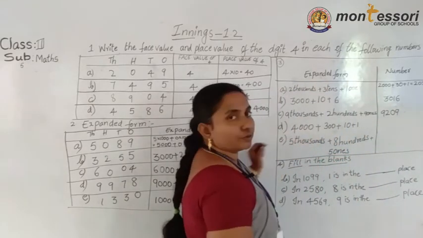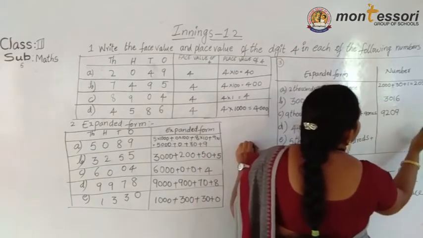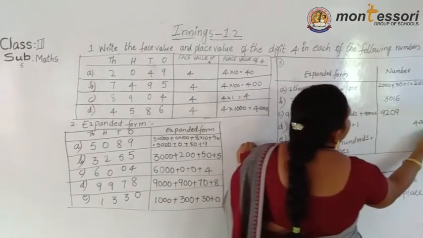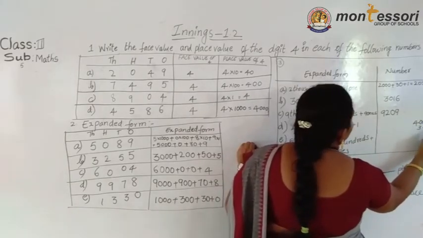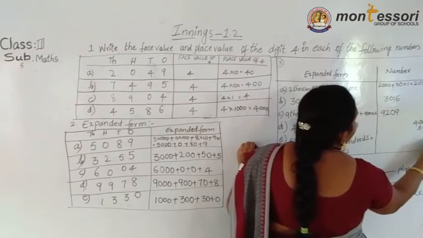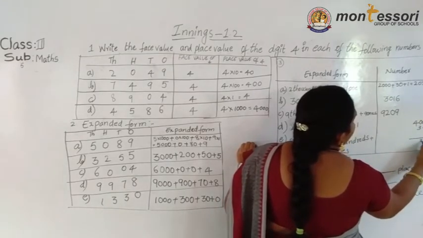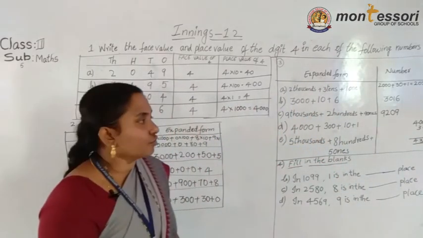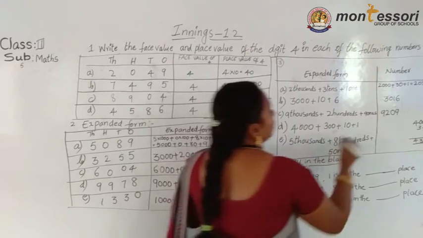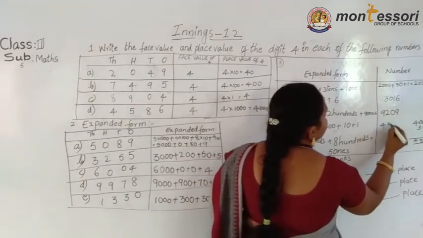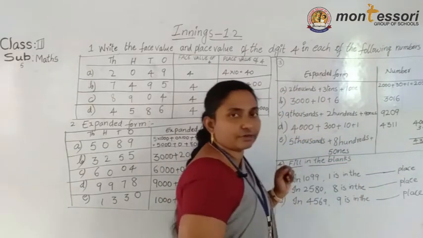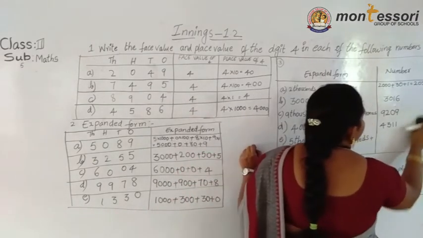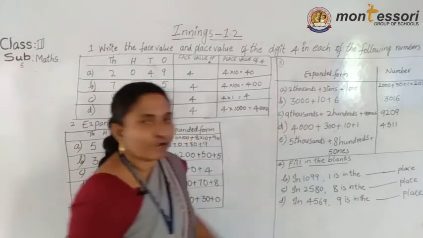Next one here, 4000, 300, 10, 1. 1, 1, 3, 4. Okay. What is the answer? 4311. 4311. Okay, understood? Next one, 5000s.